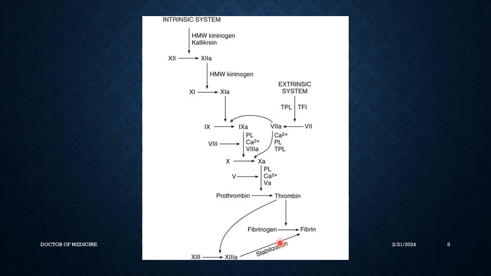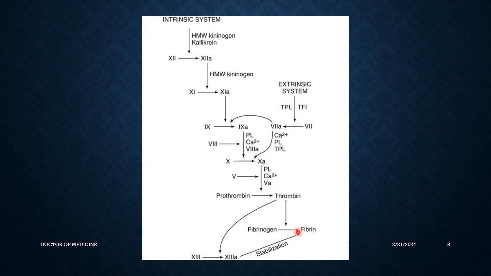This step is catalyzed by factor 13. Okay, before factor 13 is able to carry out this stabilization step, it has to be activated by thrombin. Okay, so factor 2 will activate factor 13 into its activated form. Factor 13 is also known as the fibrin stabilizing factor. It then proceeds to stabilize the fibrin, so we produce stabilized fibrin.